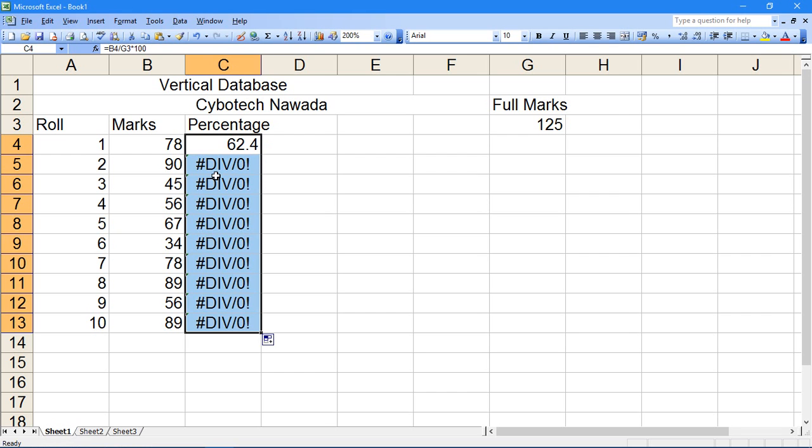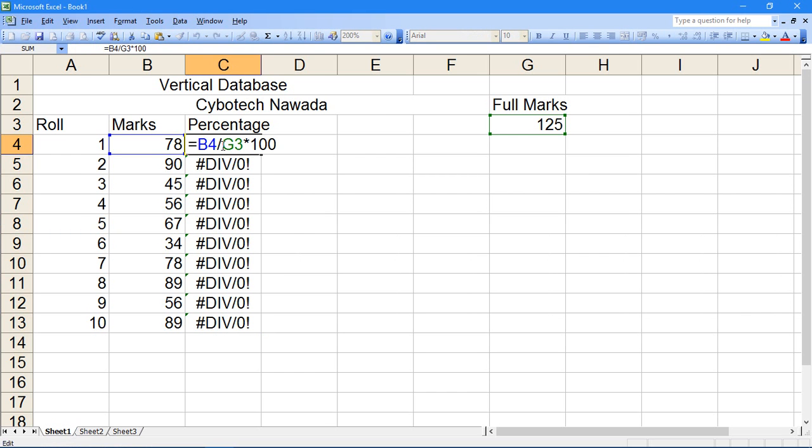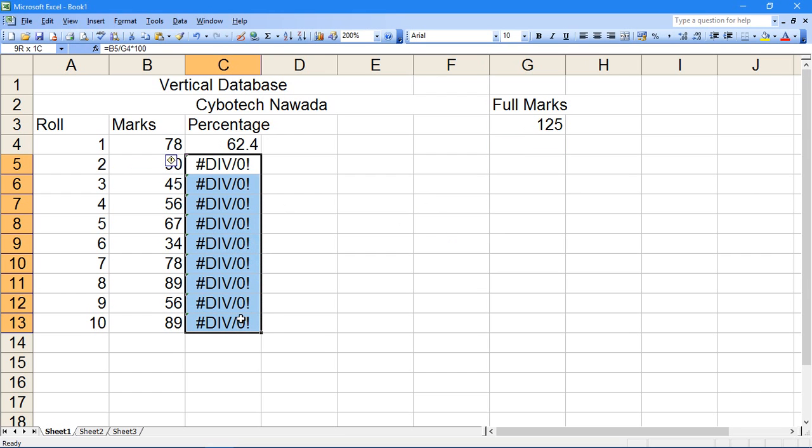Here it is G3, the formula is written in the relative addressing mode, and because of it, B4 becomes B5, so G3 becomes G4, and G4 is an empty cell, and an empty cell means the value 0, so the error message is given. This is the disadvantage of relative addressing mode in this particular situation.